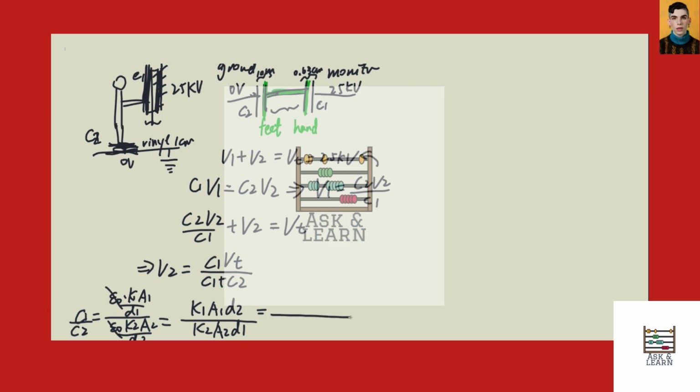Okay. K1 is K of the monitor, K of glass, and if we look it up, it's roughly 3, I think. K2 is K of wait, is this right? Sorry, the glass is more like 5. Oh, it's 3, upside down. Yeah, the K of vinyl is roughly 3, and the K of glass is roughly 5.